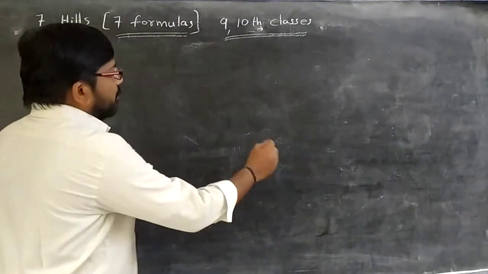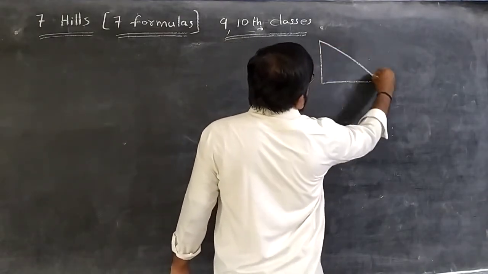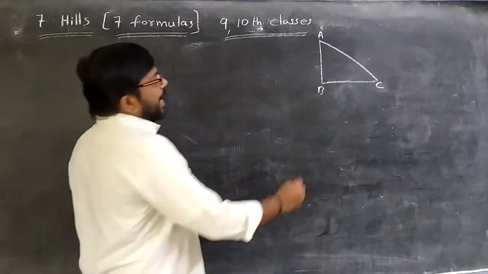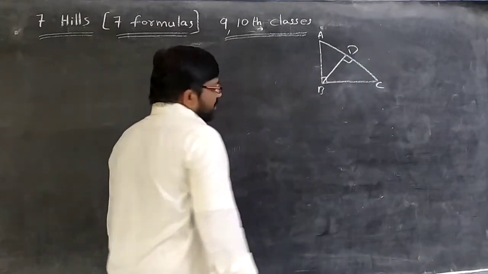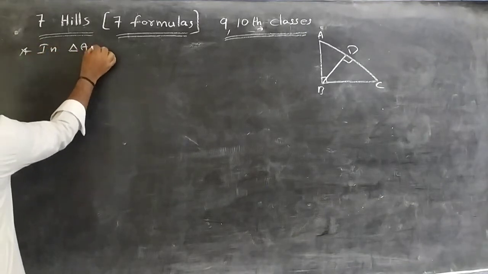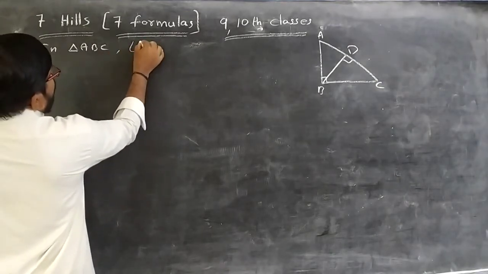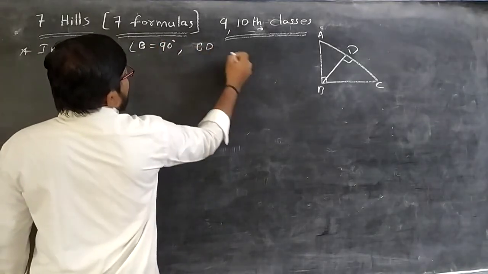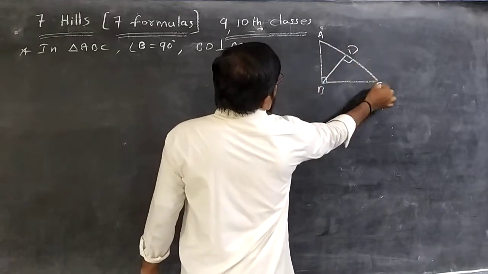In a right angle triangle ABC, angle B is equal to 90 degrees and BD is perpendicular to AC.